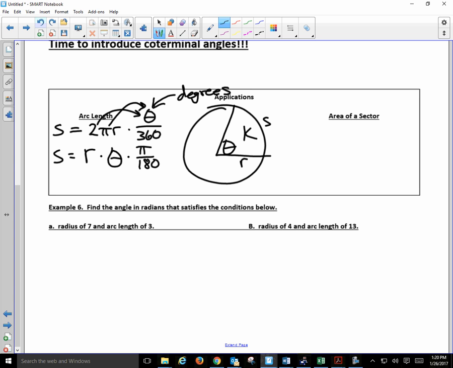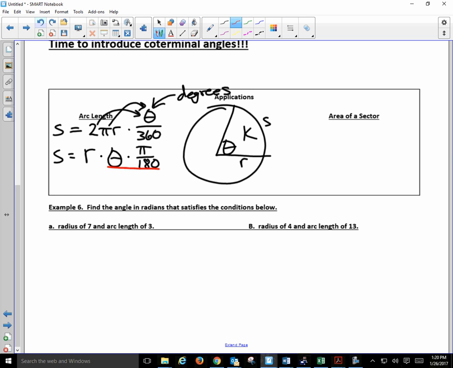2 over the 360 gives you 1 over 180. Theta, I just pulled that out front. The pi, I moved it to the top. It's all there. Same thing. Look at what I have. The 2 over the 360 gave me the 1 over 180. Does that look familiar? Theta times pi over 180? That's how you convert something from degrees to radians.